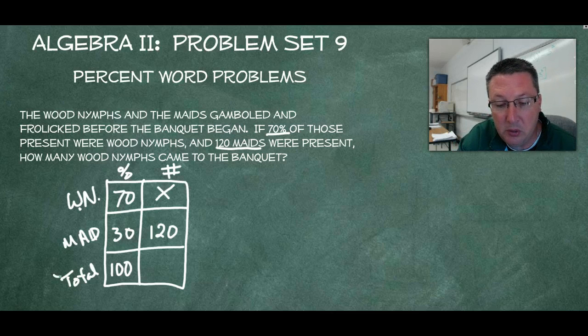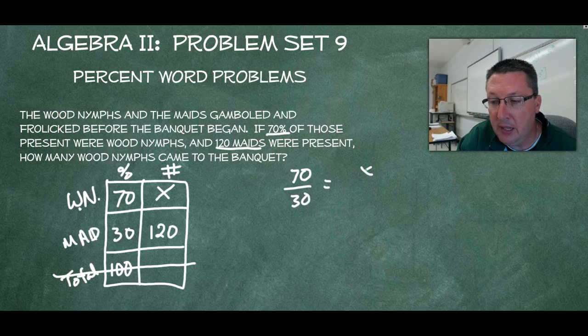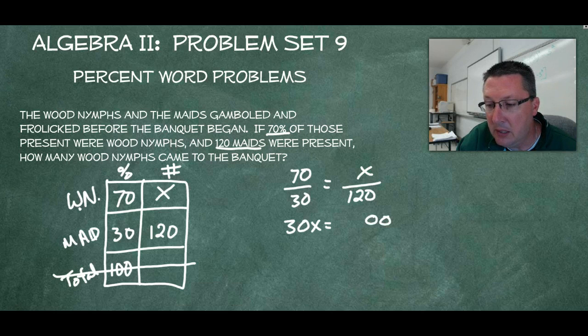Okay, for this problem, we don't need the total, but the 4 boxes remaining is my proportion. 70 over 30 equals X over 120. And once again, we cross multiply. We get 30X equals, I believe that's 8,400.